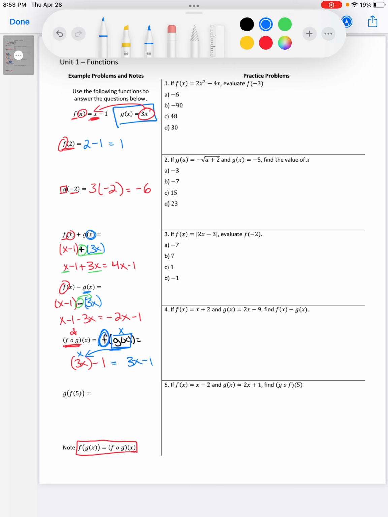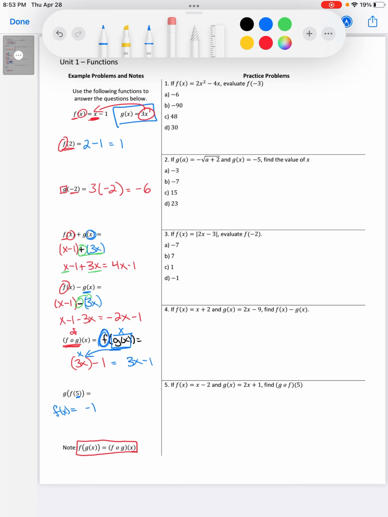We have f inside of g, but this time instead of it being g of f of x, we have g of f of 5. So we start with our f equation, and instead of x, so our f of x is normally x minus 1, but what are we replacing that x with?